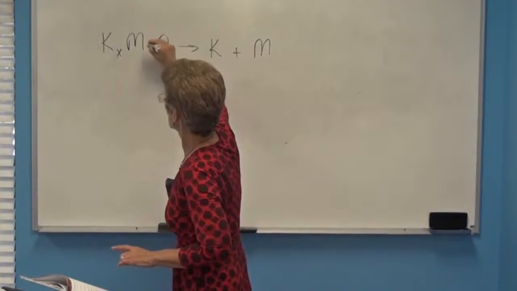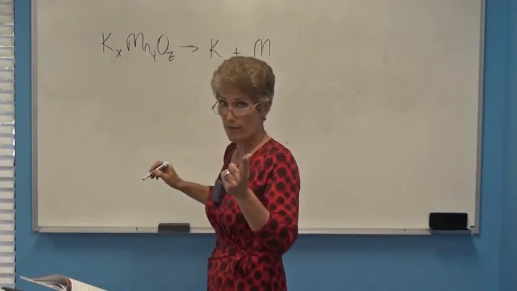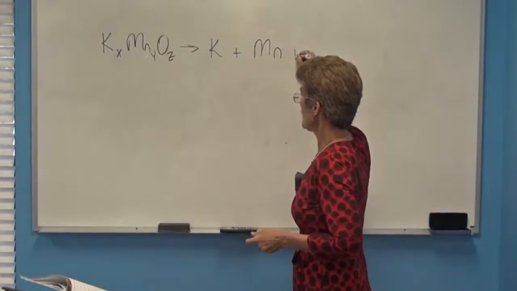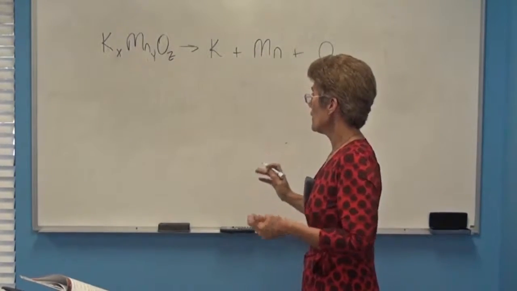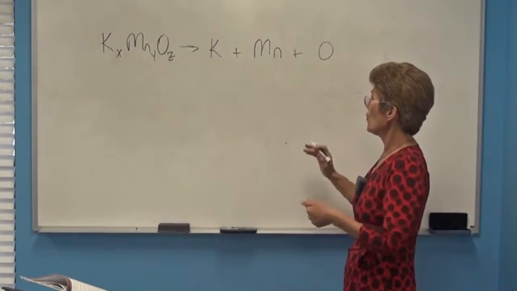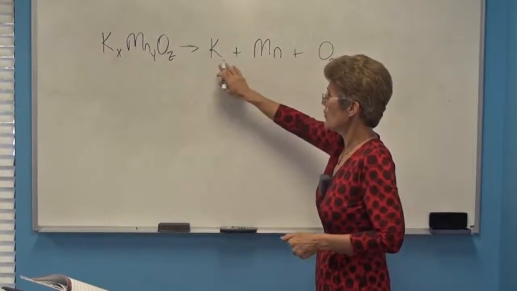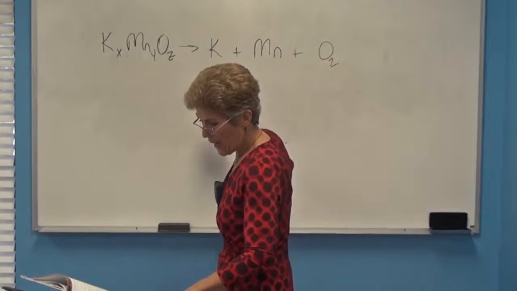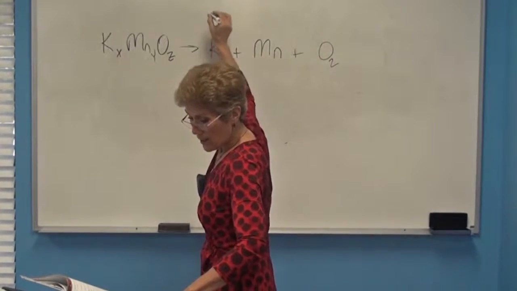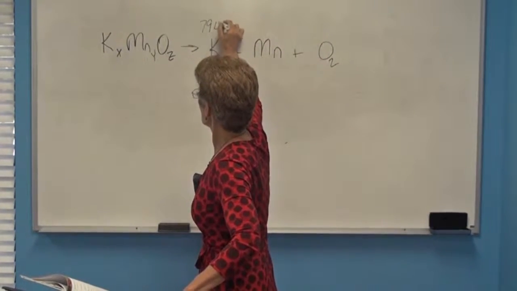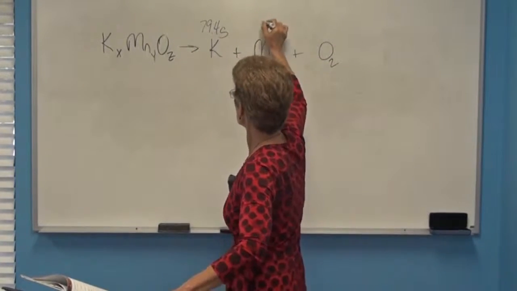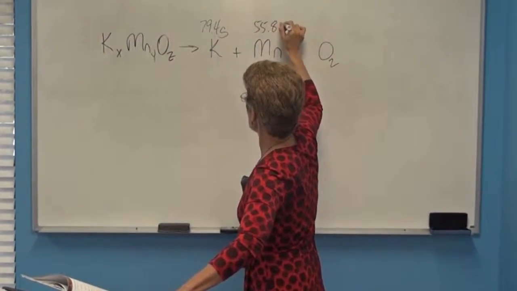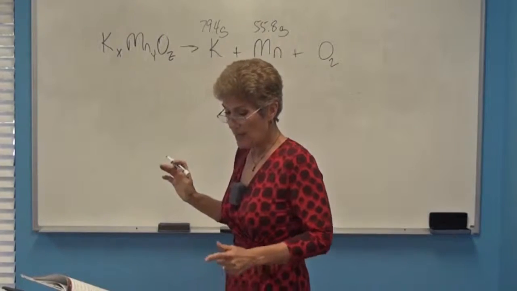Manganese plus oxygen. Who gets the little twos? HNO group 7. Neither of these two are in group 7. Then we are told that this is 79.4 grams and this is 55.8 grams, but they didn't tell us how much oxygen.